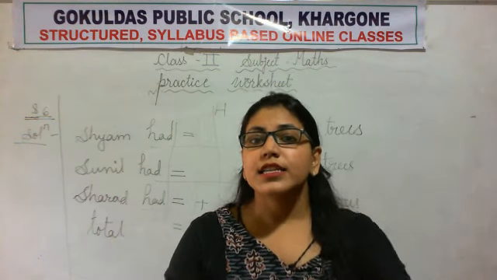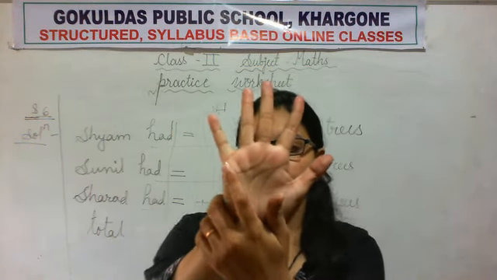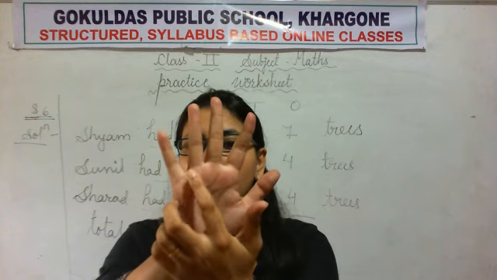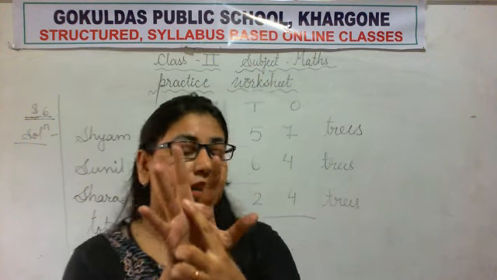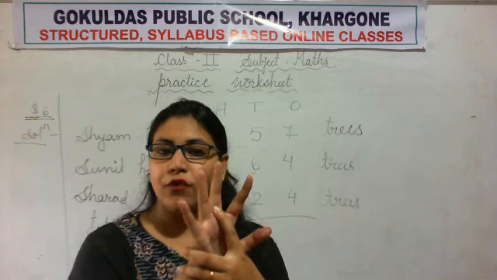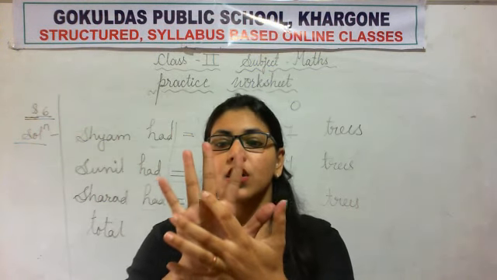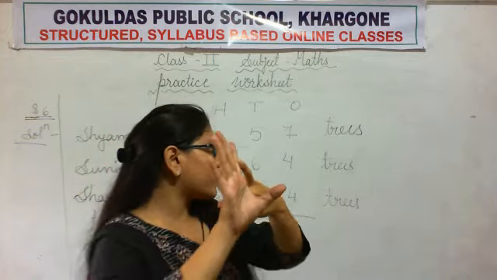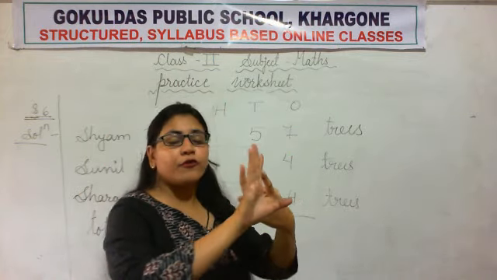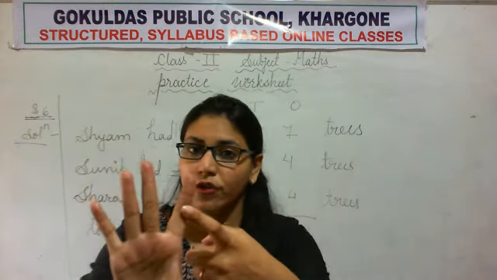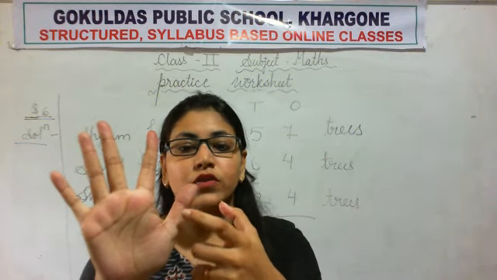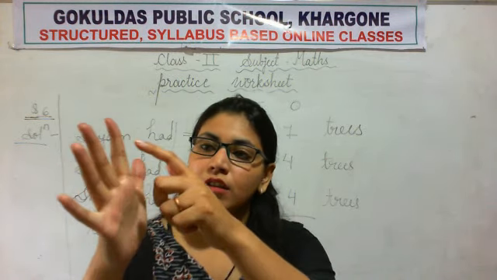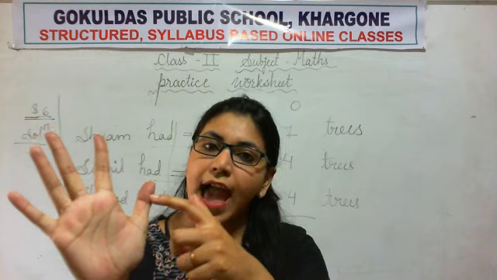So we will count 7 finger marks. Let's start counting. 1, 2, 3, 4, 5, 6, 7. Now the next number is 4, so we will count 4 finger marks. 1, 2, 3, 4. Now the next number is again 4, so we will count again 4 finger marks. 1, 2, 3, 4.